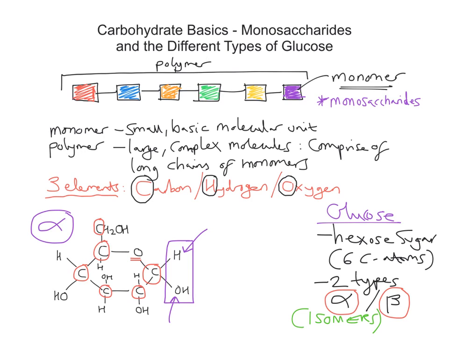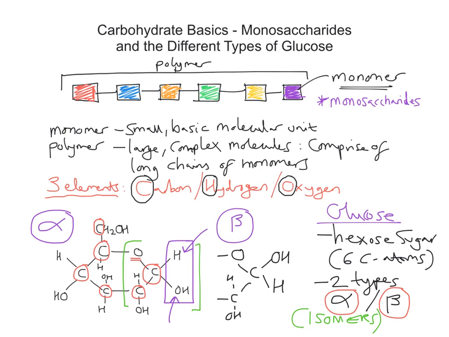For beta glucose, that is completely reversed. So for beta glucose, rather than drawing the whole image again, if I just draw this portion out here, just where I put the green brackets, if you like.